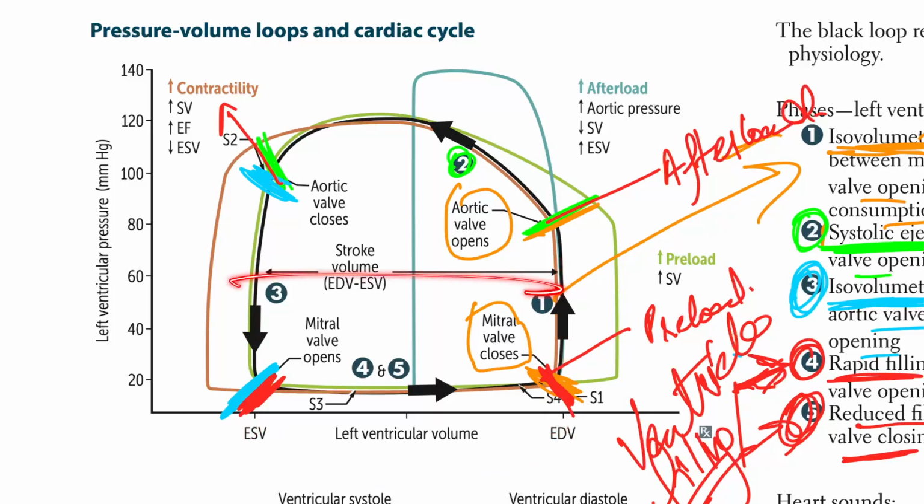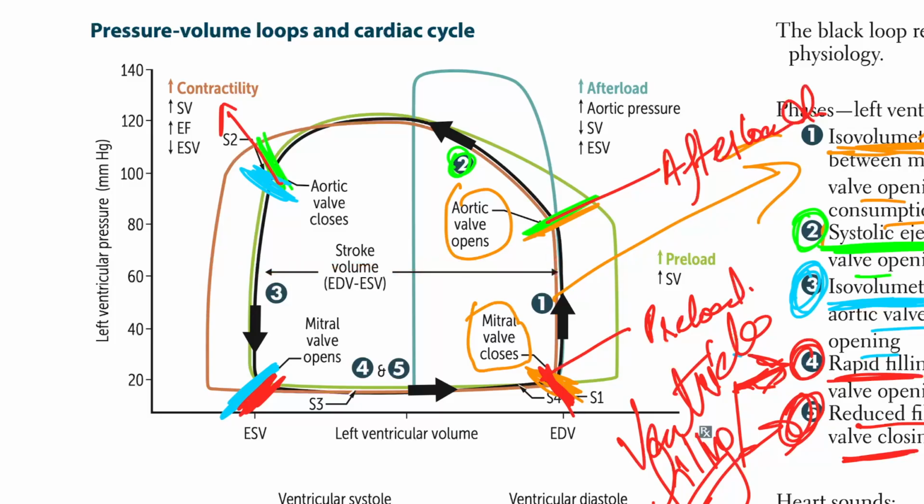And again, stroke volume is end diastolic volume minus end systolic volume. The more you have this, the more you're going to pump out, and the bigger the curve would be. But just to remember, this is the stroke volume. So as the curve goes higher, as this thing goes bigger, you increase the stroke volume, right?